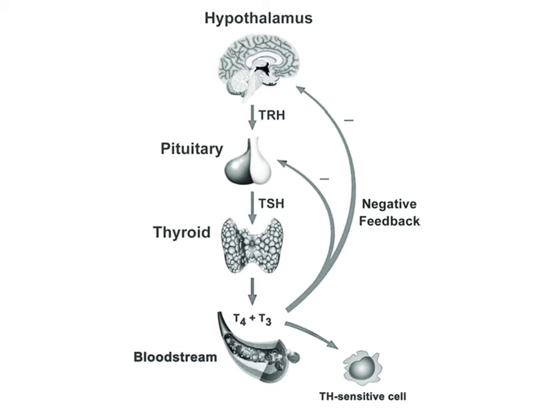This is an example of negative feedback. Inhibition of TRH secretion also leads to shutoff of TSH secretion, which in turn will lead to shutoff of thyroid hormone secretion. As thyroid hormone levels decay below that set point or threshold, then negative feedback is relieved and TRH will start again secreting, leading to further TSH secretion.